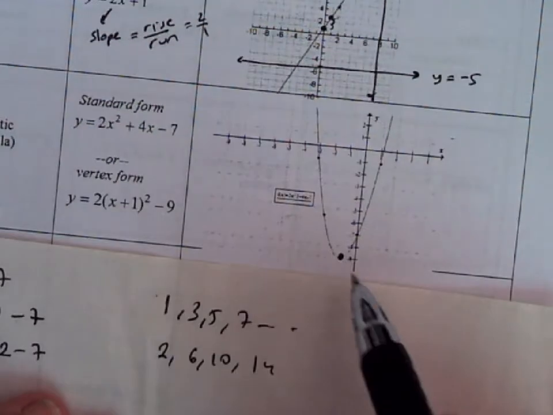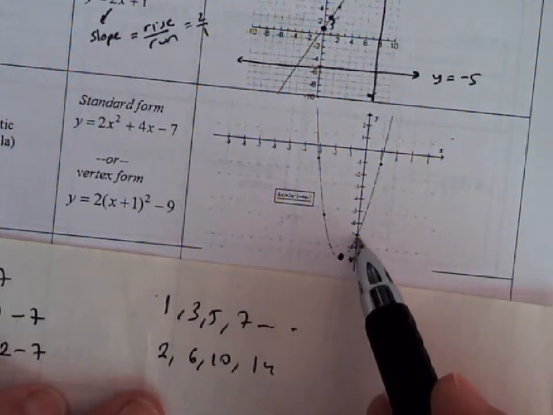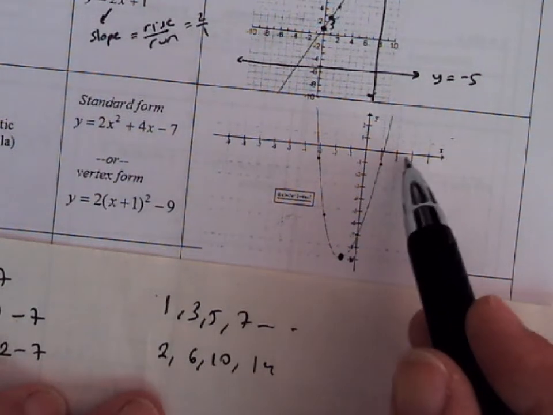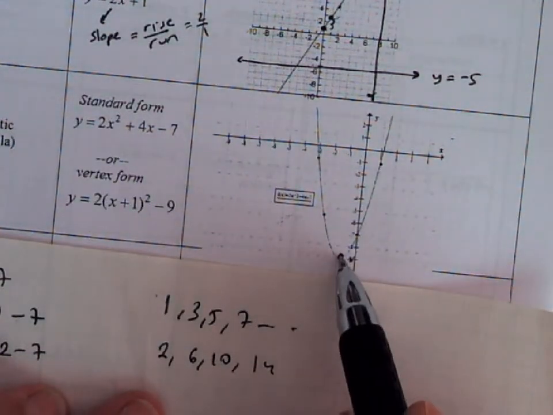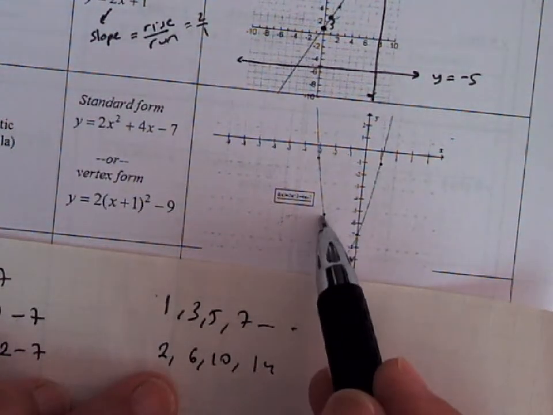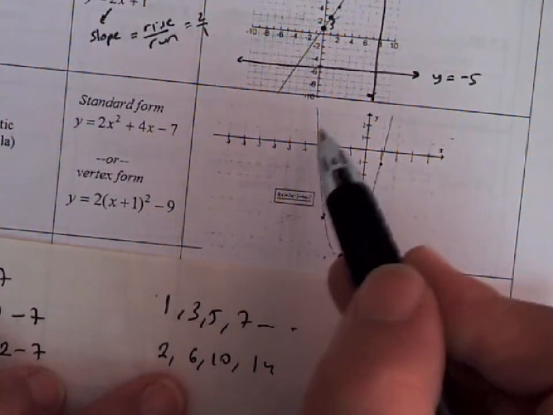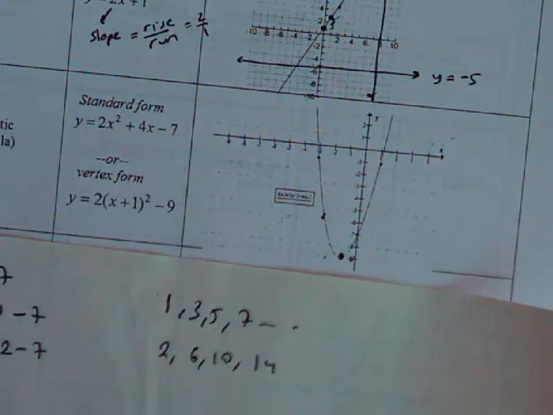So this is what it means: you go 1 right, 2 up, 1 right, 6 up, 1 right, 10 up, and you do the same thing on the left side. 1 left, 2 up, 1 left, 6 up, 1 left, 10 units up, and this is how you do your parabola.